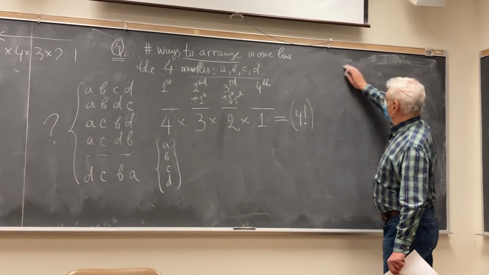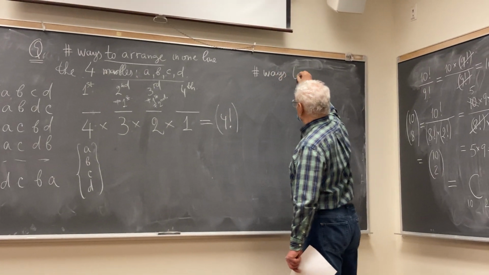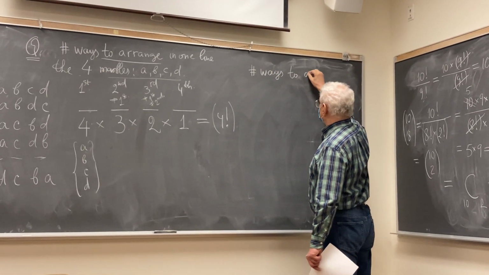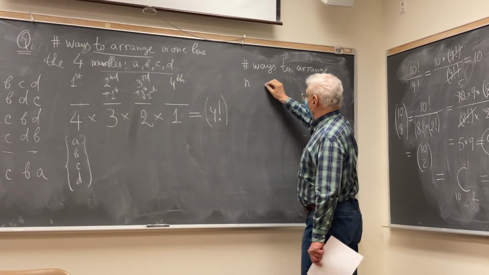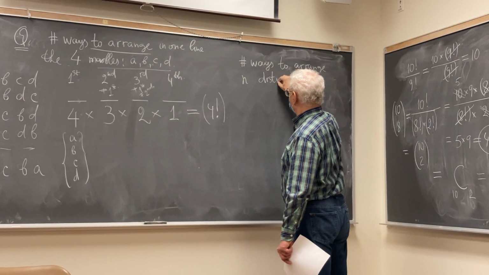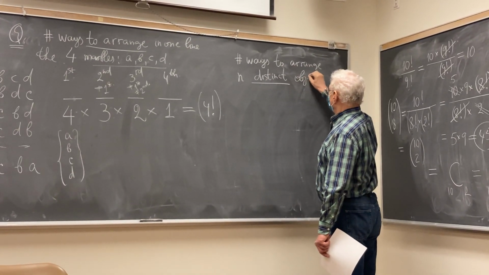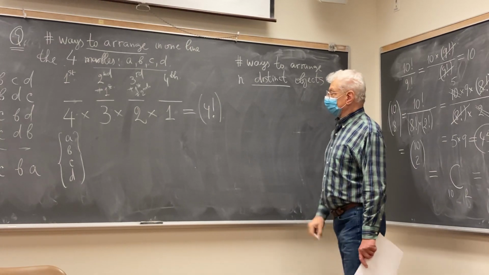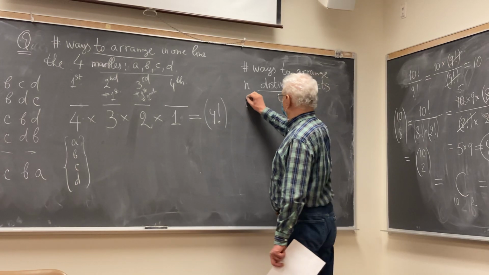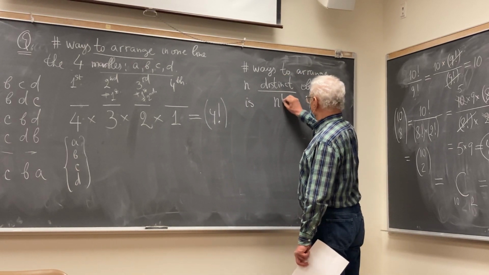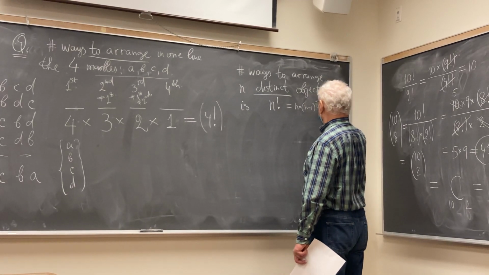Therefore, the number of ways to arrange n distinct objects, not necessarily marbles, could be digits, letters, whatever you want, is n factorial, which is n times n minus 1, and so on up to 1.